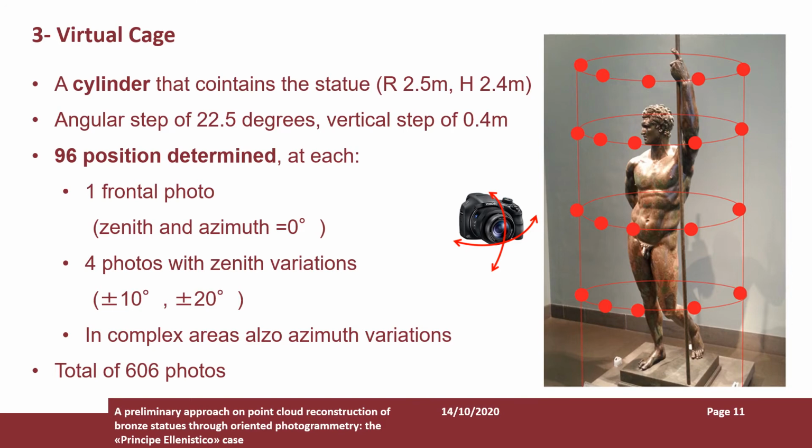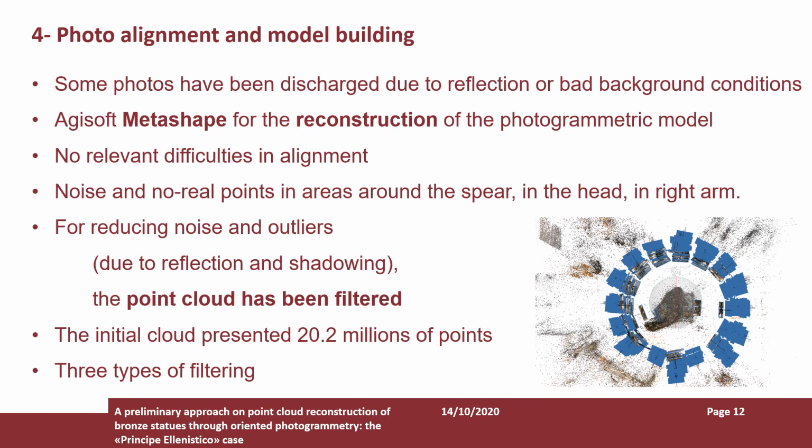Only in some complex areas, from certain positions, we also had an azimuth variation with the same range, so plus and minus 10 and plus and minus 20 degrees, increasing the total number of photos, arriving at about 600 photos. Once photos are obtained, we had to achieve the alignment of them and the reconstruction of the photogrammetric model using Agisoft Metashape.